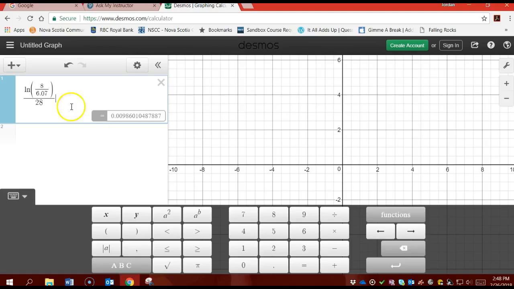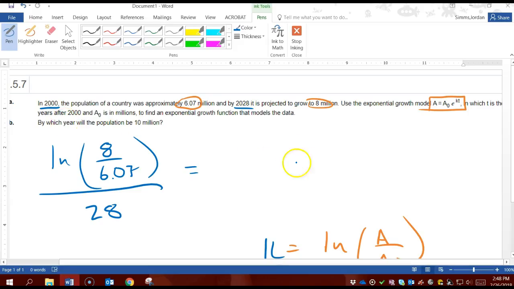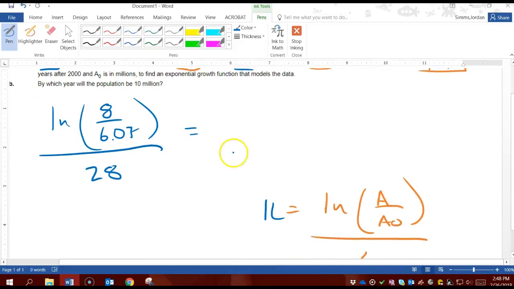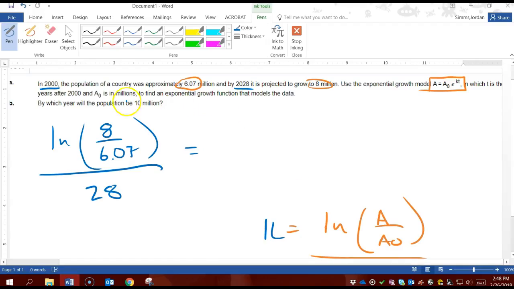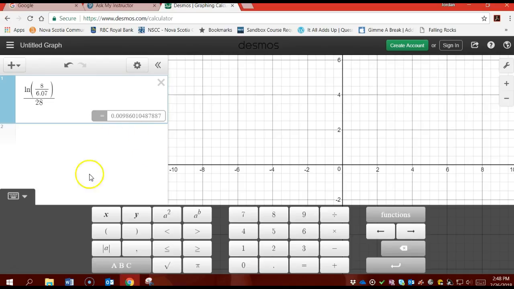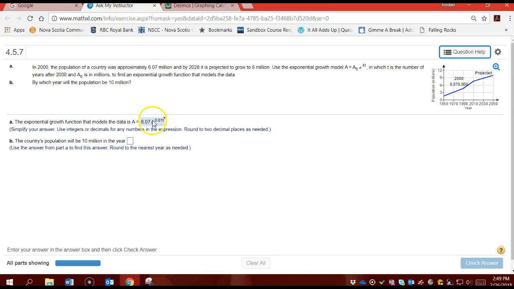So just make sure I did all that. Natural log, 8 divided by 6.07. And there we go right there, buddy. So k comes out to be that. Okay? 0.0098. Now make sure you round appropriately. Let me just see what you put in there.